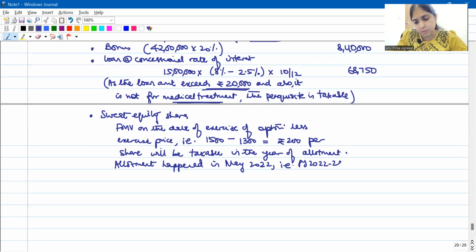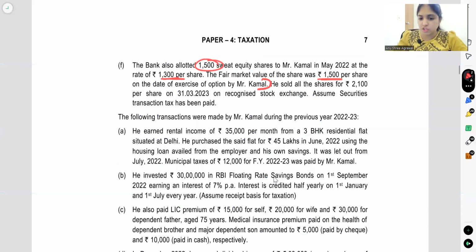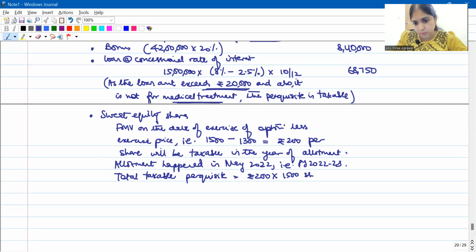That is previous year 22-23. Total taxable perquisite is equal to rupees 200 per share into how many shares? Into 1,500 shares. So 200 into 1,500, 3 lakhs. This is going to be your taxable value for sweat equity shares.